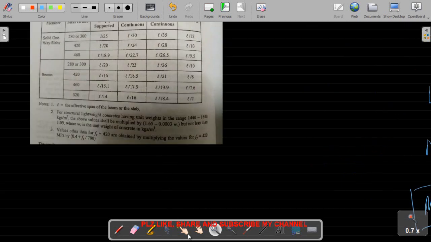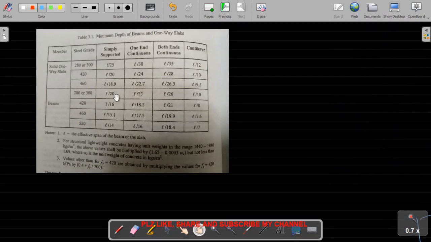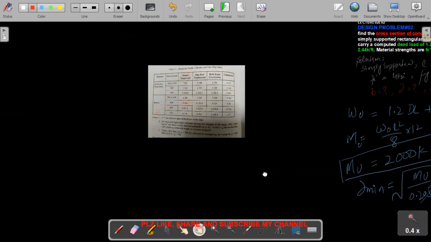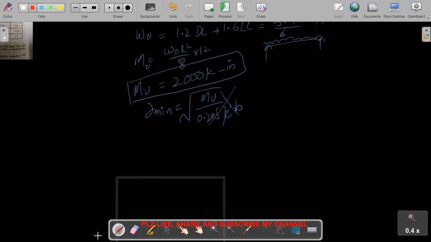Let me use this criteria, and we will go the conventional way, not using that equation. So for a beam case with a 420 grade steel, that is grade 60, the coefficient for the depth of the beam is L by 16, which is for a simply supported case. So let's say we are using this coefficient and we will find out the depth.